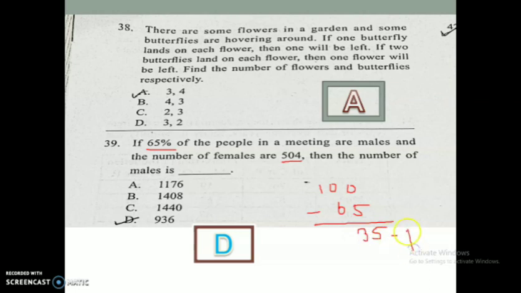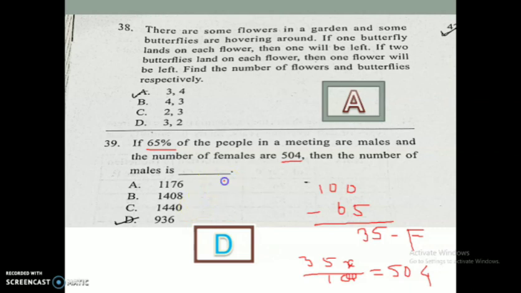So 35% are female, and how can we write the 35%? 35 into x divided by 100 is given as 504. To solve this equation, you will get the value of x, that is the total number of people in the meeting.